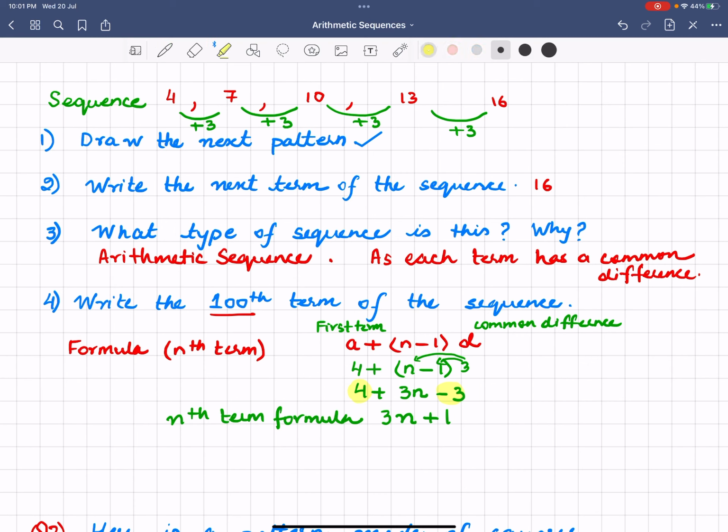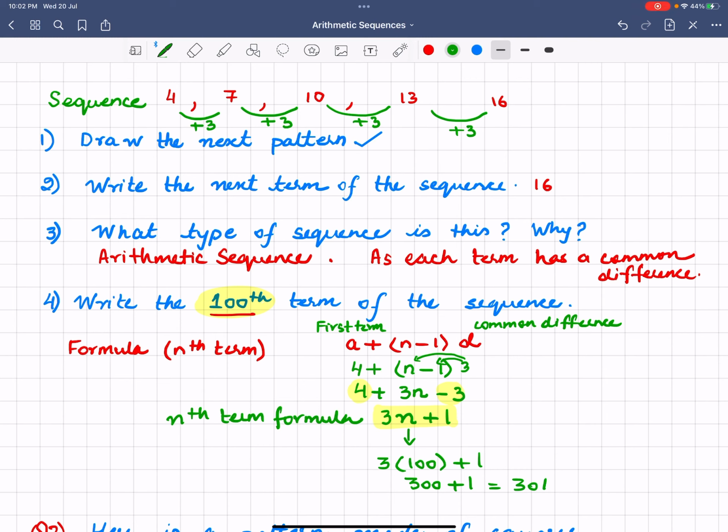Now, using this formula, I will find the number of sticks in the 100th term. When I want to find the number of sticks in the 100th term, all I need to do is replace the n with 100. So 3 into 100 plus 1, that is 300 plus 1, and the answer is 301.